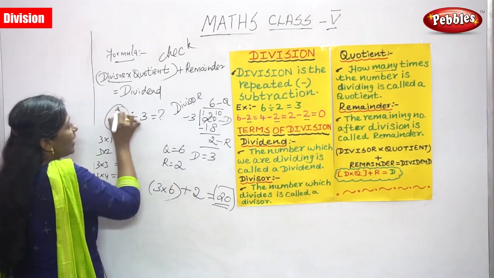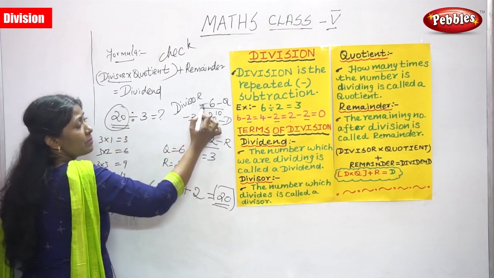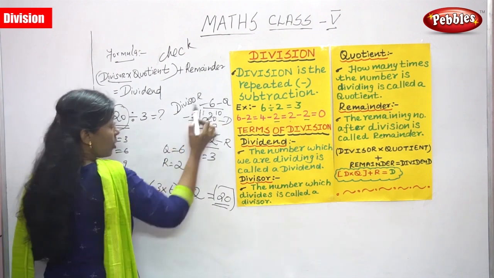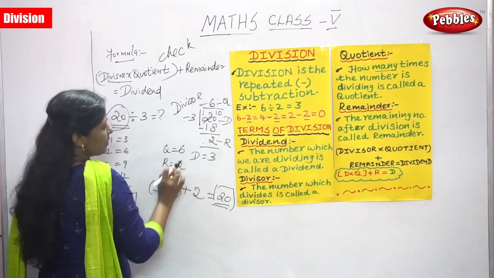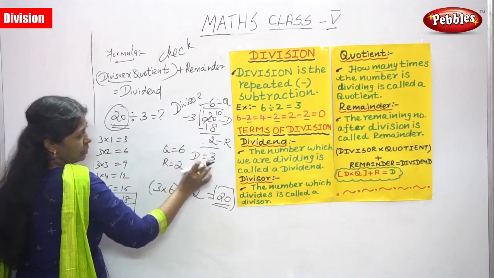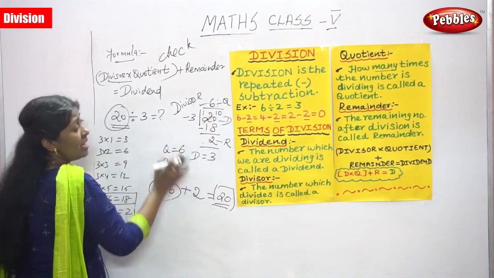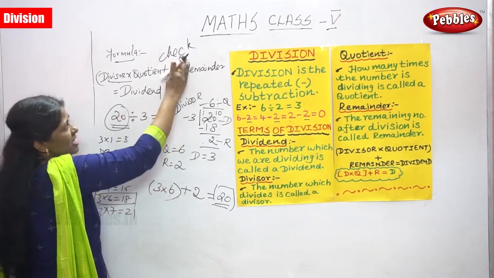If you find the question, that means your quotient and remainder are both correct. This is the checking method. I'll repeat once again. Whatever quotient and remainder you find, to know whether the answer is correct or not, you have to use the check method.